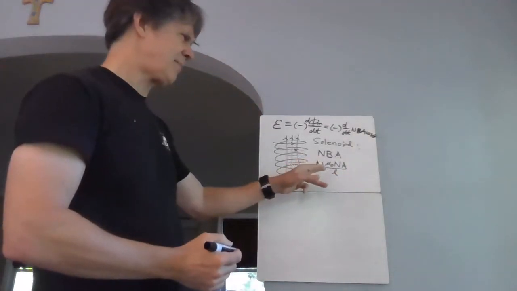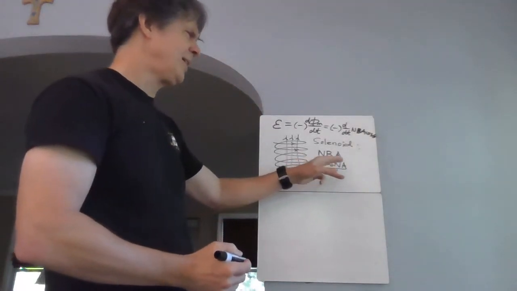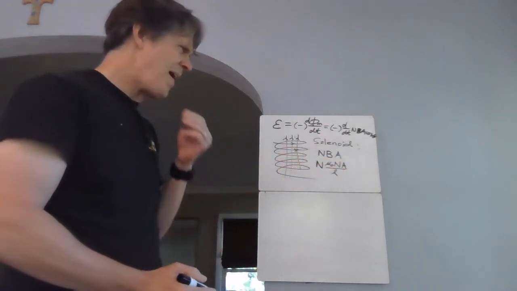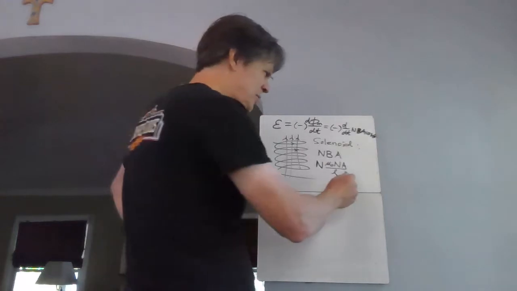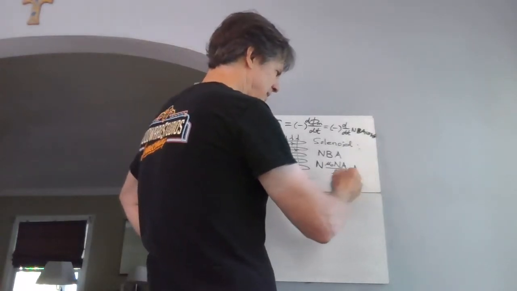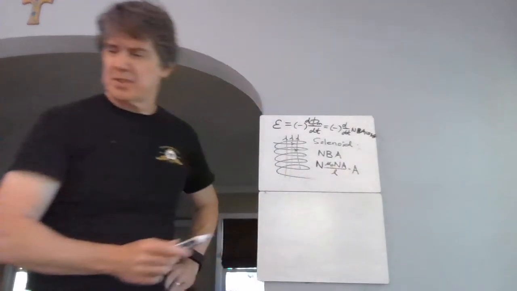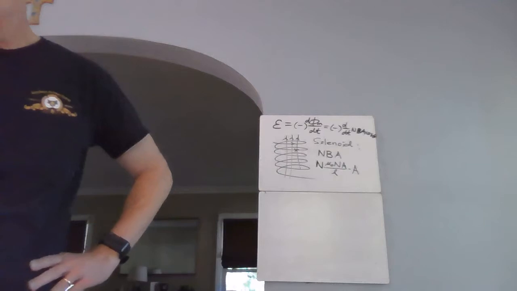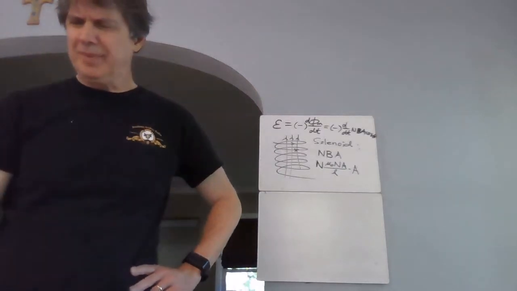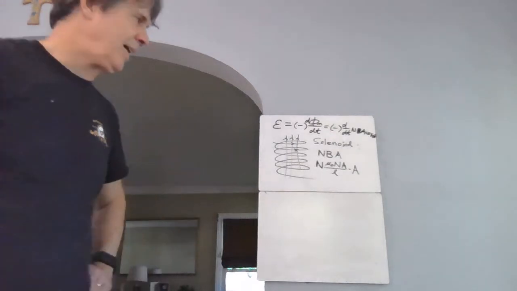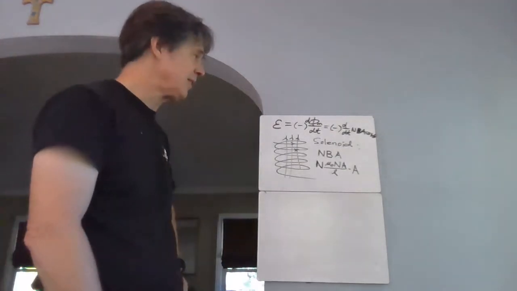Mu naught times the number of turns, times the area times L, but I'm going to multiply it times the area again. I hope I get this right. I'm cheating just a little bit. Oh boy. I should have planned things better. Let me think for a second.